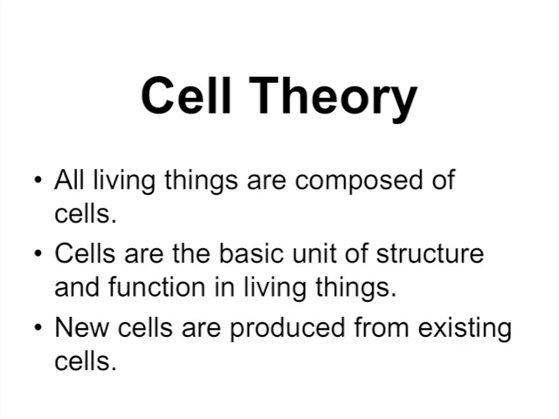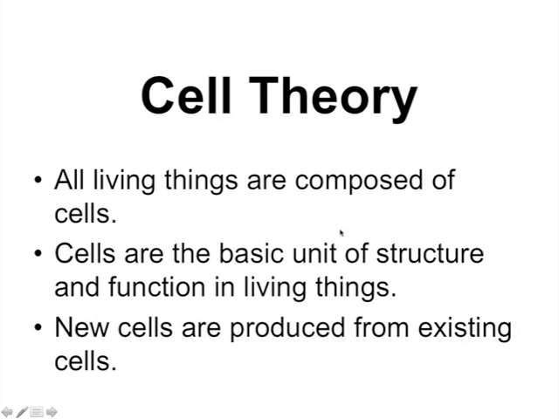All living things are composed of cells, are made of cells. Cells are the basic units of structure and function in living things, and new cells are produced from existing cells. And again, that's kind of our very basic understanding, our best explanation for these little things that we call cells.